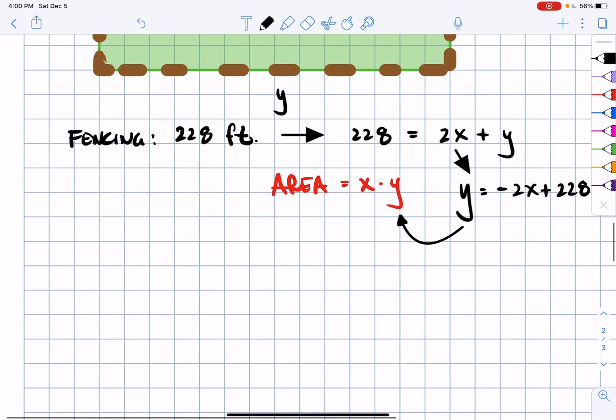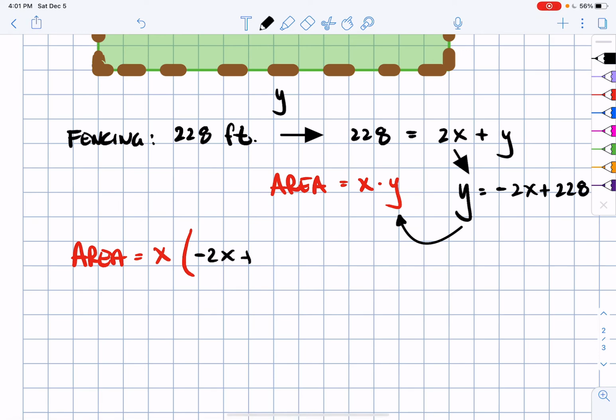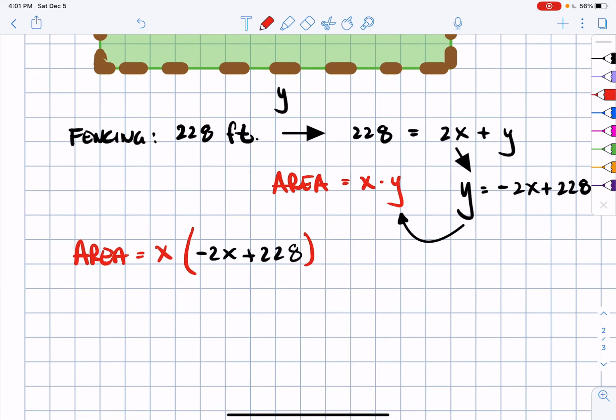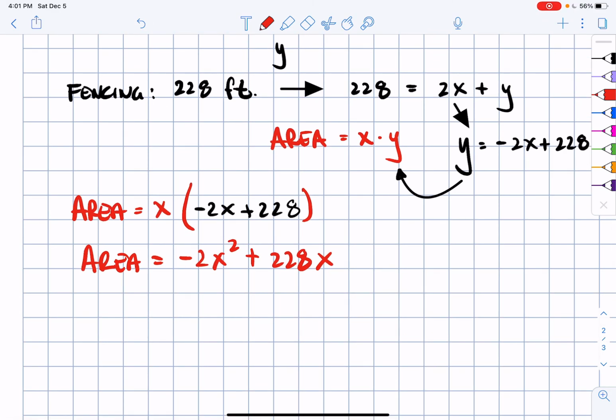Okay, so now my area is going to equal x times negative 2x plus 228. So my area is going to equal negative 2x squared plus 228x. This right here would give me a parabola.